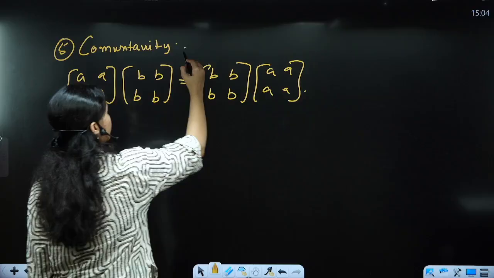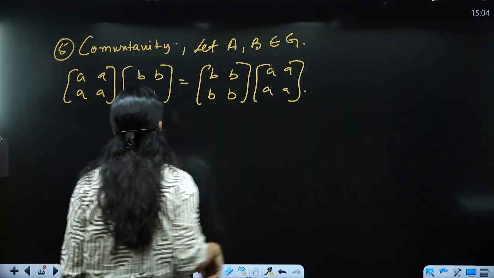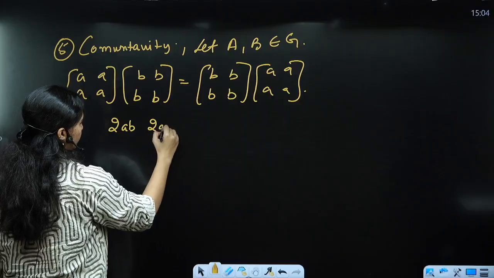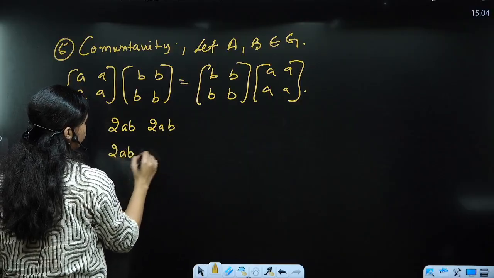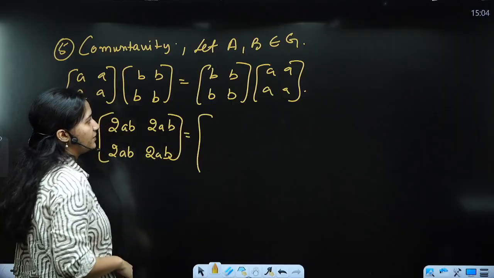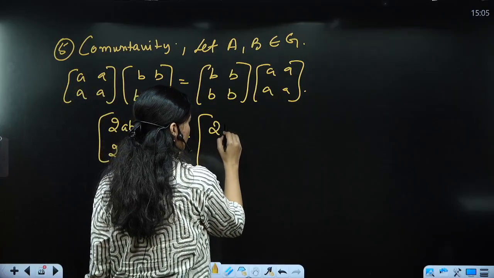Now you can say let A and B belong to G, right? So this is going to be 2AB, 2AB, 2AB and 2AB, right? Now this is going to be B into A plus B into A, which is again 2AB or 2BA you can write here.